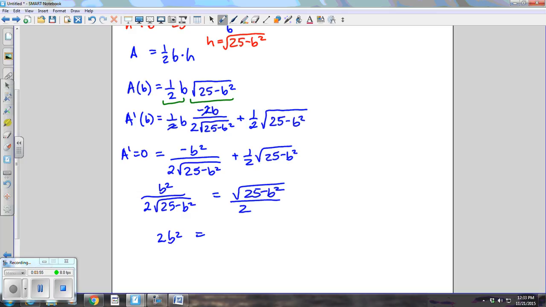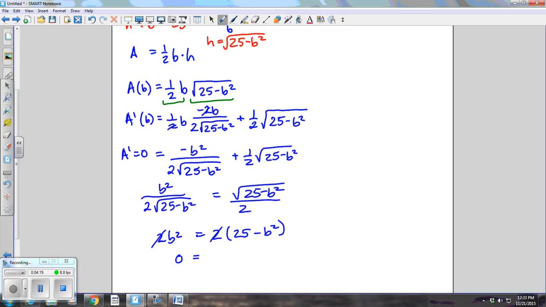So the cross product is, oh, and then when I do that cross product, that root goes away when I do a square root times a square root. And then continue to solve. This is a quadratic, so I want to set it equal to 0. I can also divide my 2's out at that point in time.